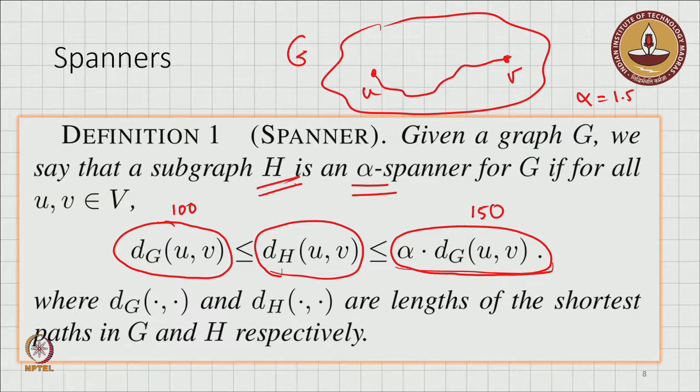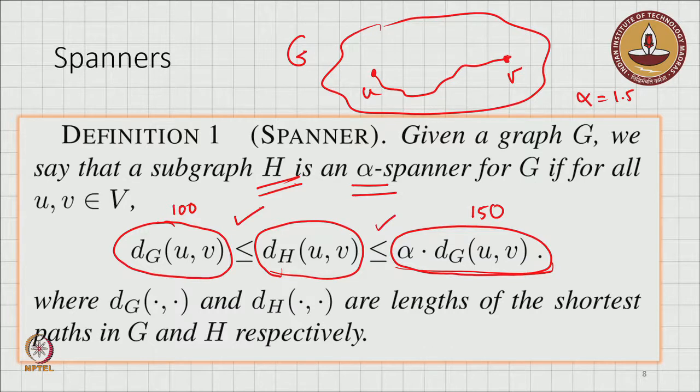And this means that this inequality is going to be easy to attain, but what needs to be ensured is that by making the subgraph smaller, we also respect this inequality.